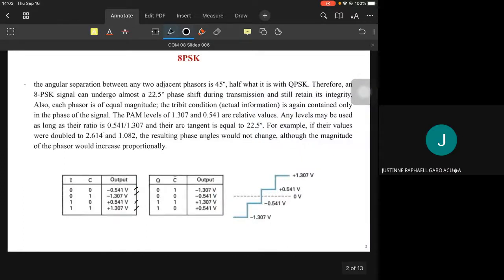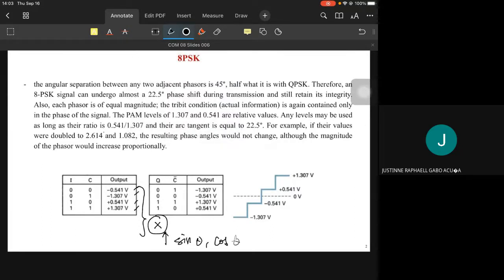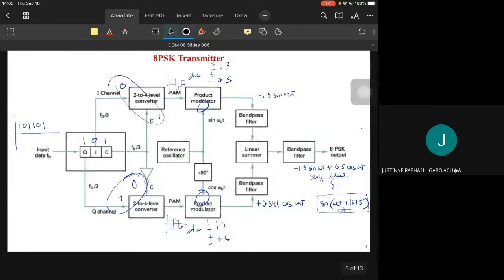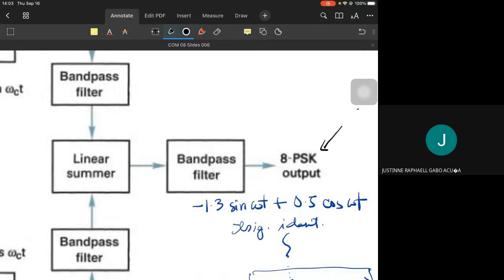And any of these levels is multiplied by either sine for the I channel or cosine for the Q channel. So we have two types of carriers, 2 times 4, so that's why we have 8 possible outputs at this point.